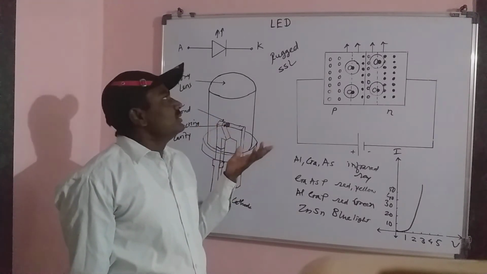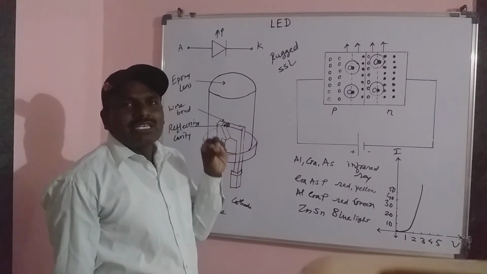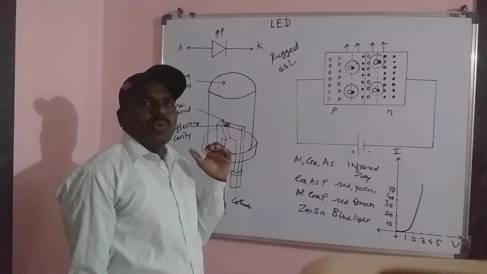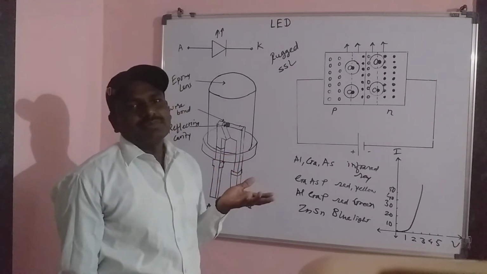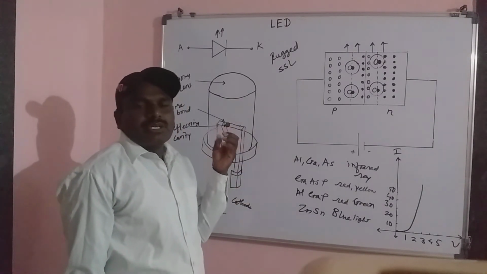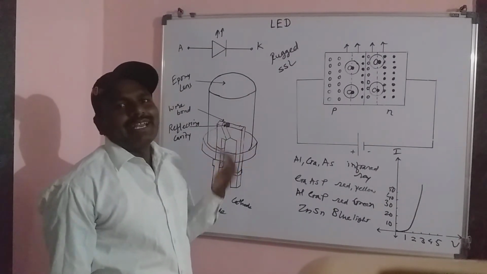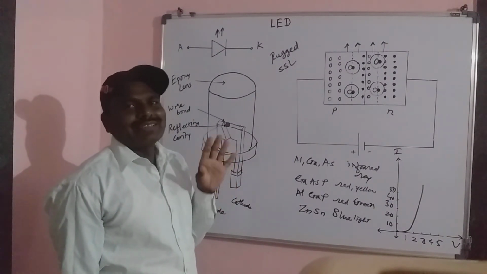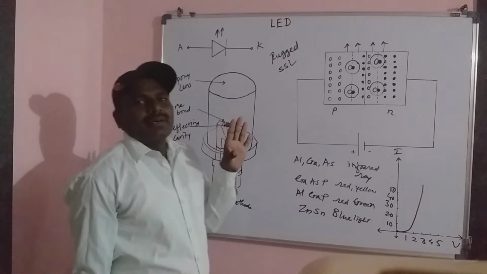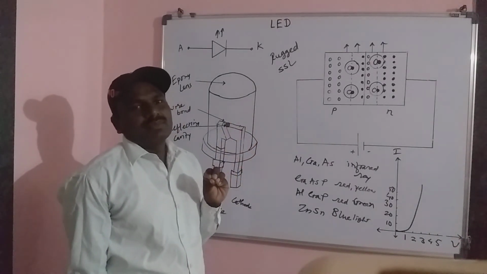The fourth advantage is that it requires almost no warm-up time. It works within nanoseconds. The next advantage is excellent color rendering, in which no faded colors are used, and it gives a proper display of colors.